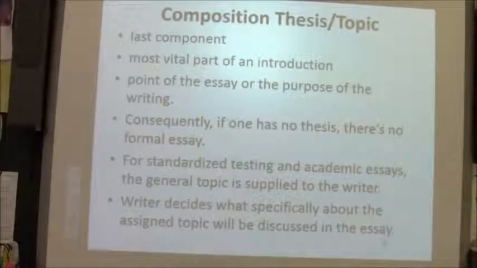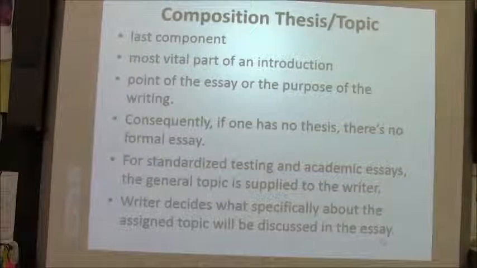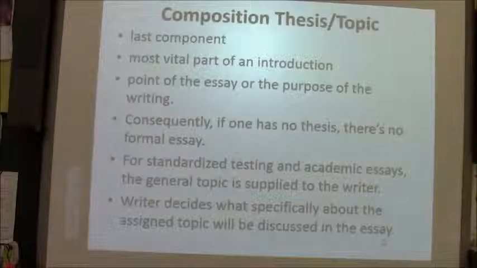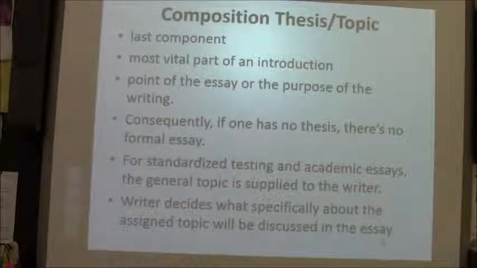As I was just saying, the last component of ABC, we know A stands for attention getter, B stands for bridge, and C stands for the composition's thesis. Now, if you RAFT your writing, you can always just go look at the T in RAFT, and you know your composition's thesis.